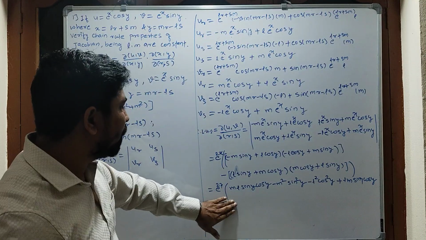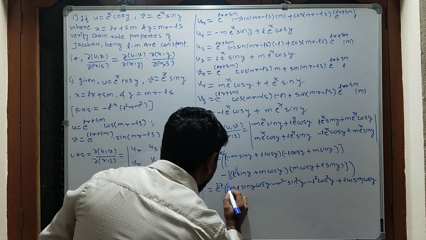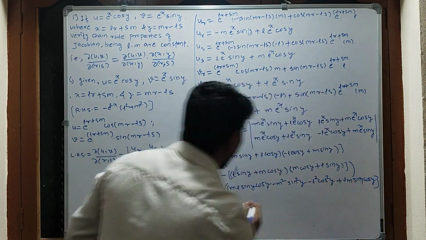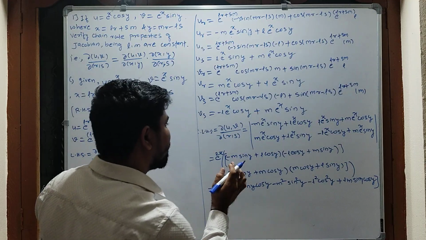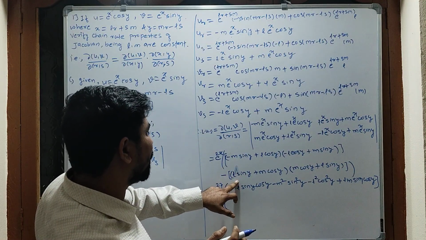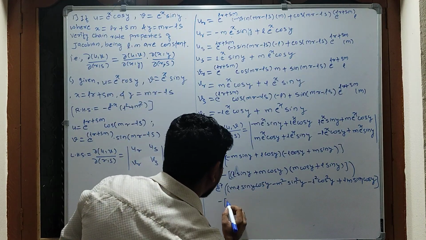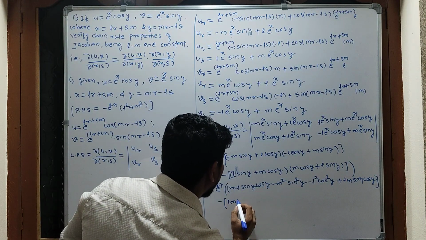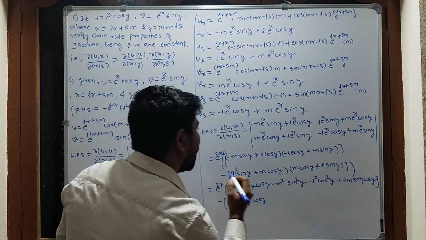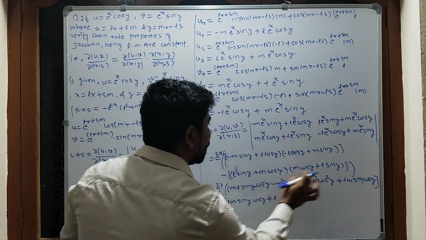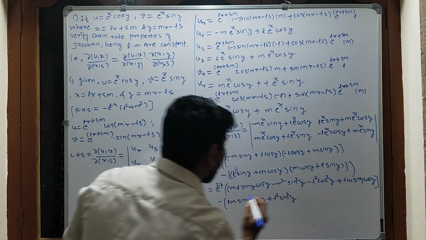Now I want to multiply the second bracket also. This is my first bracket here, and now I multiply my second bracket. With the minus sign: minus l sin y into m cos y is l m sin y cos y, plus this into this, l square sin square y.